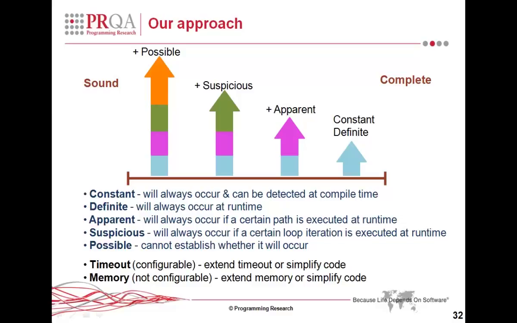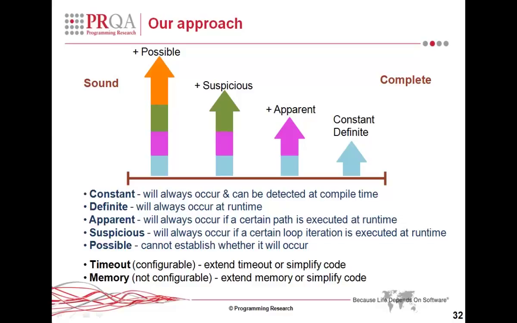If we cannot exclude that a problem is present, we generate a possible message. And then there are some intermediate degrees where we are more confident that there may be a problem than not. So the apparent and suspicious represent different degrees of confidence.